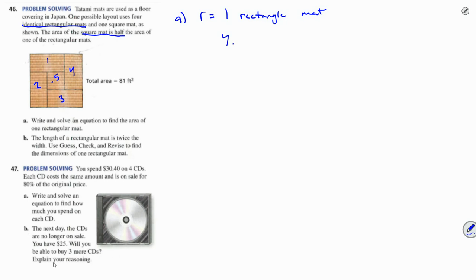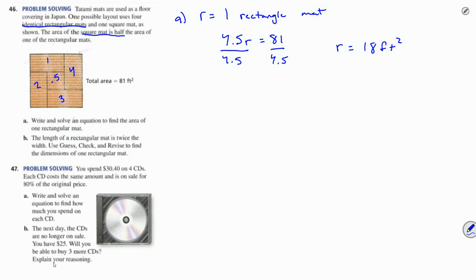So what I'm going to write is 4.5 R equals 81 square feet. So from there, divide by 4.5, divide by 4.5, 81 divided by 4.5, and we get R equals 18 square feet.